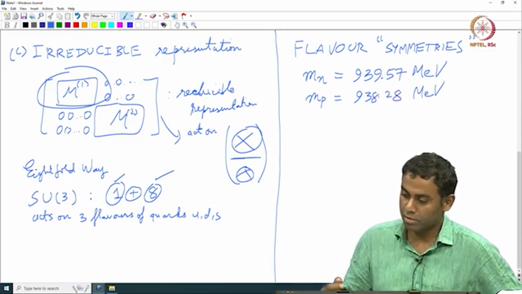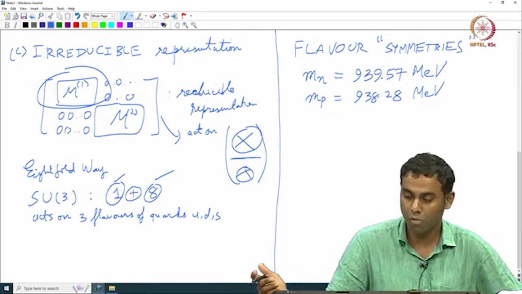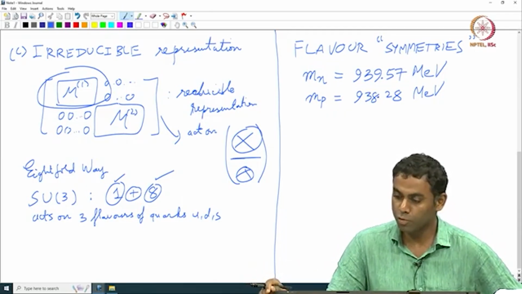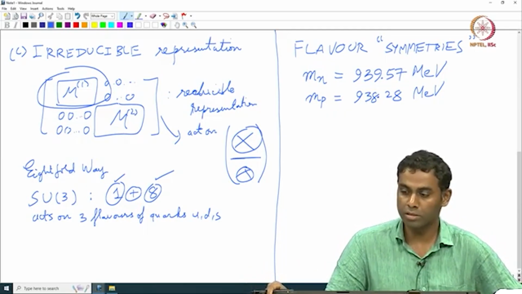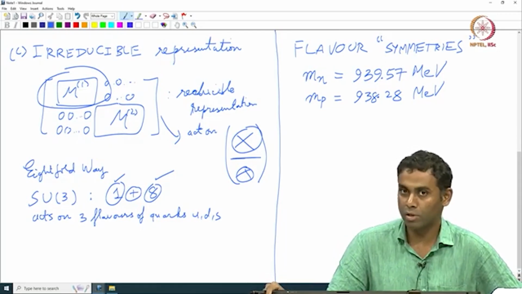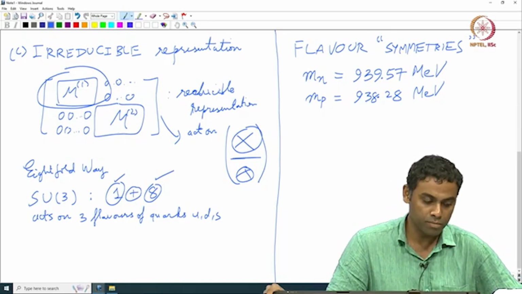We usually just for many problems we just approximate these to like a GeV, right. But even if you do write down all the decimal places, you find that the difference in the masses is only about 1.3 MeV, compared to what their actual masses are, which is about 940 MeV, right.